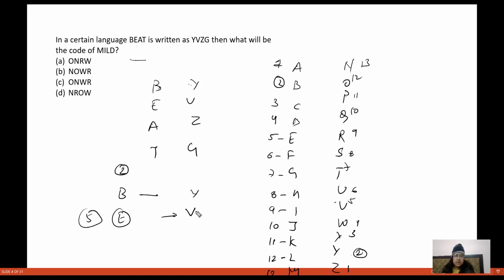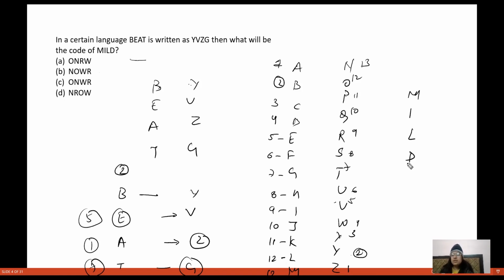That's V. Then A is 1, and what does 1 correspond to? Z. And then T is what? T will be 7 from here, and 7 is what? G. So you numbered the sequence and you have to now just write it.